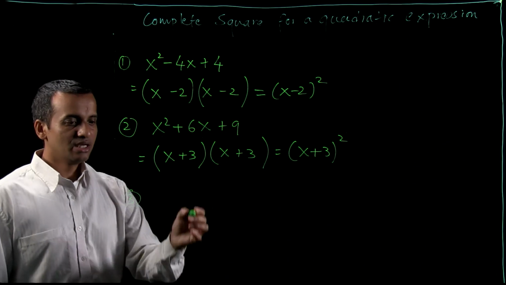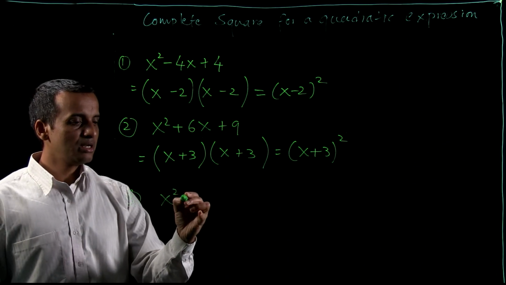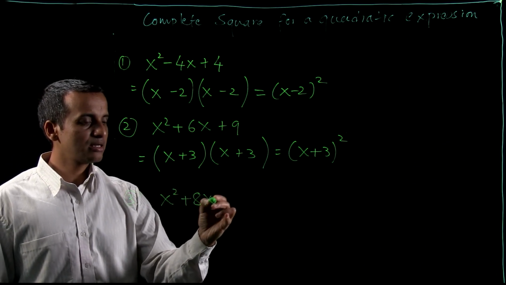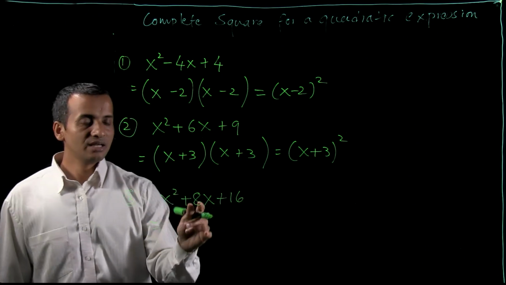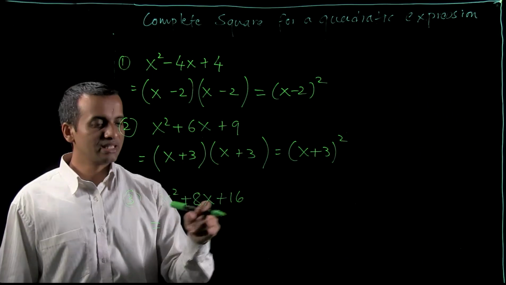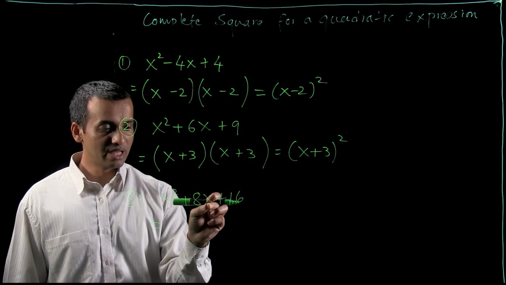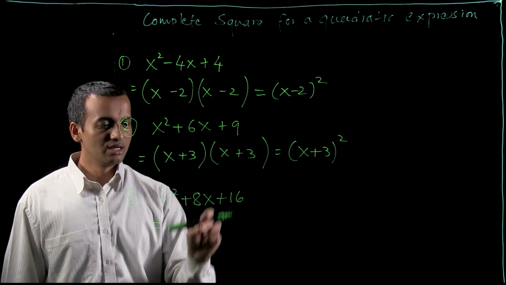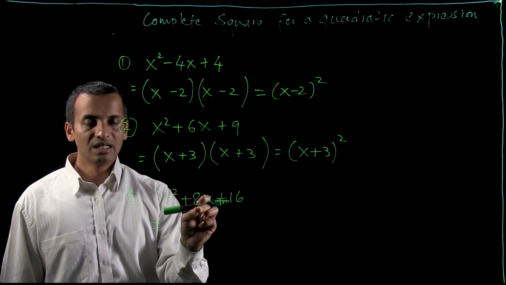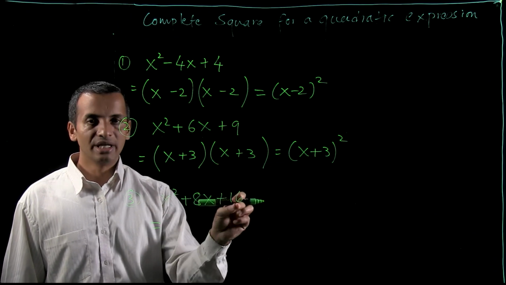Suppose you have x squared plus 8x plus 16. Does it satisfy that scenario, meaning that if you take half of the coefficient of x and square it, you get the constant? Half of 8 is 4, and 4 squared is 16.